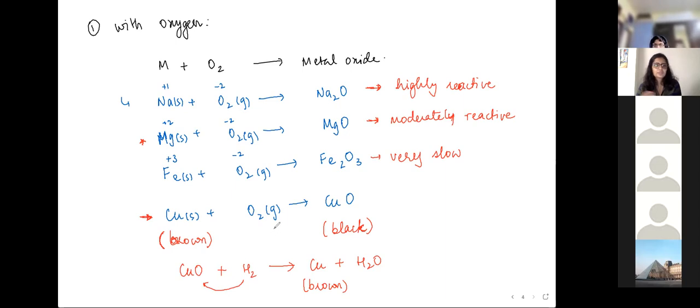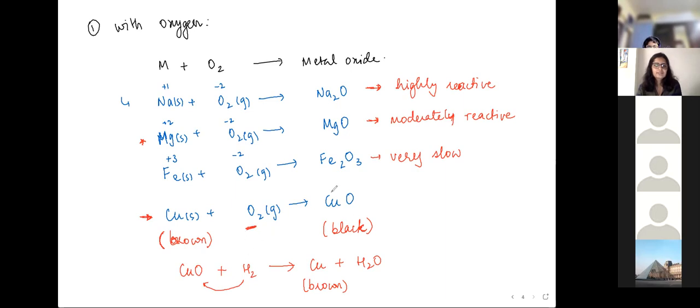Like a brown metal on heating in air. Heating in air, matlab, it's basically reacting with oxygen. So that's like a code word for reaction with oxygen. On heating in air, it turns black. On passing hydrogen gas over it, it turns brown again. So identify the metal, then you should know that it's copper.